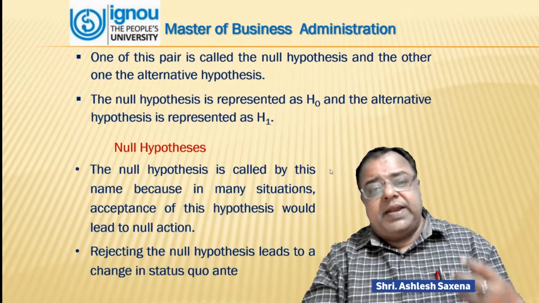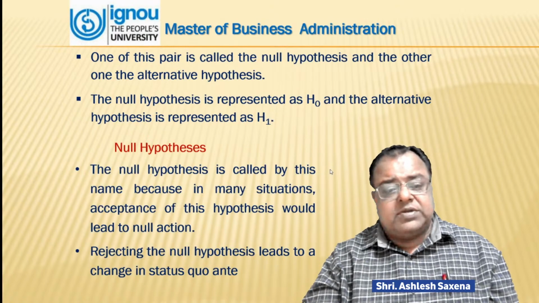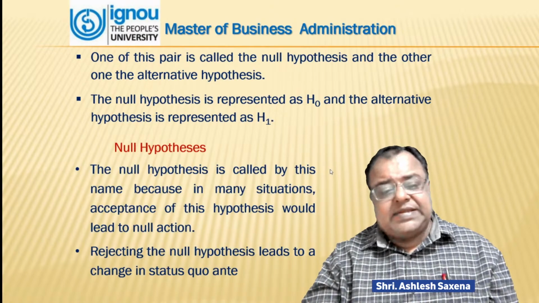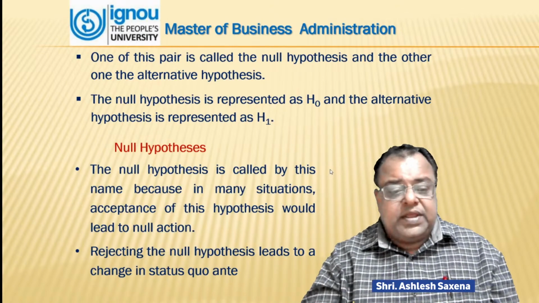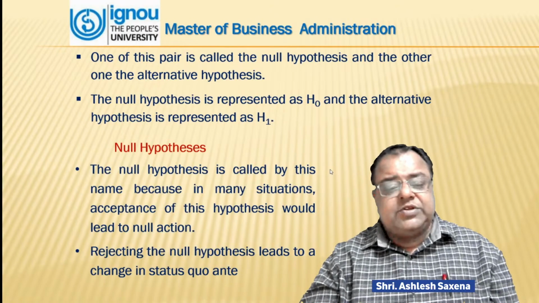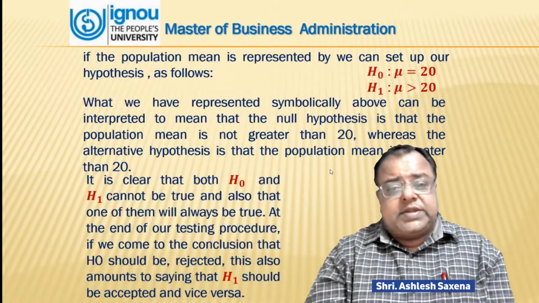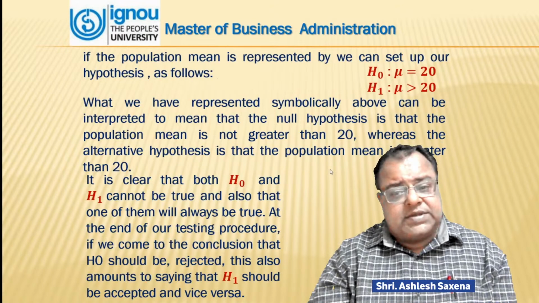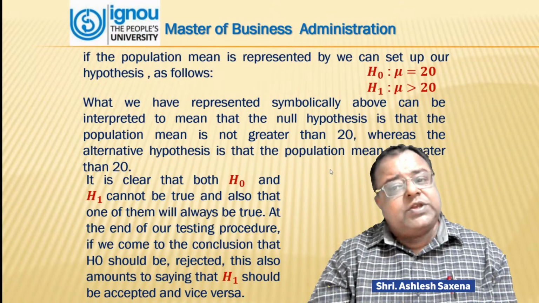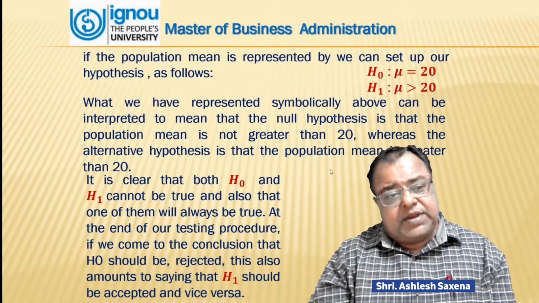Now, what is meant by null hypothesis? A null hypothesis is called by this name because in many situations, acceptance of this hypothesis would lead to null action. Rejecting the null hypothesis leads to a change in status quo. If the population mean is represented by mu, we can set up our hypothesis as H naught: mu is equal to 20, and the alternative can be shown by H1: mu greater than 20.